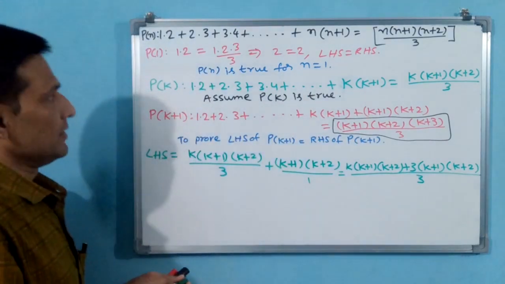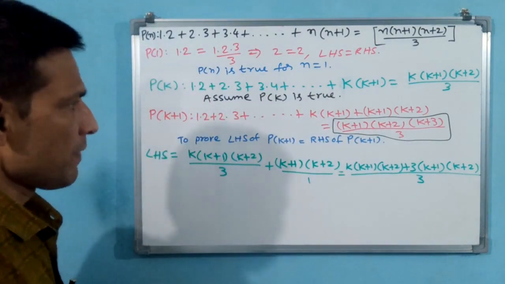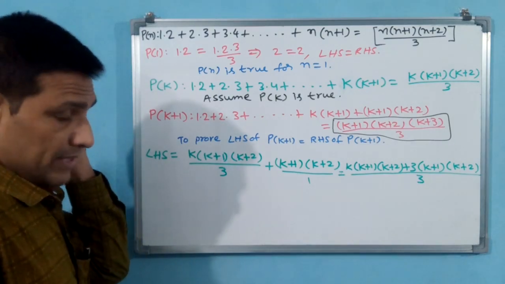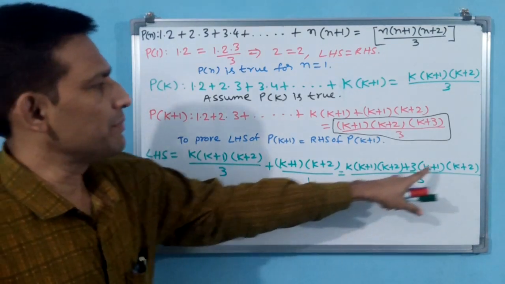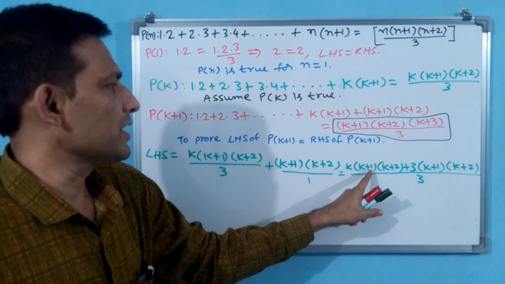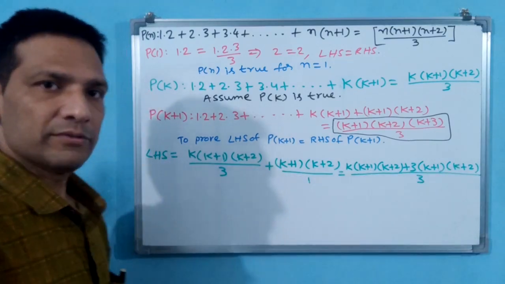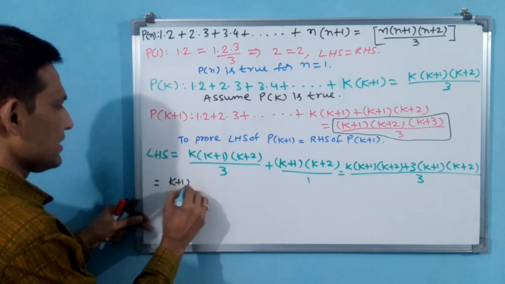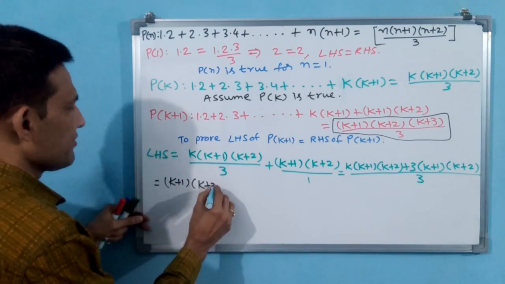Okay, if you see, some common elements are there. (k plus 1) and (k plus 2) you can take common. You see both have (k plus 1), (k plus 2). Take that common: (k plus 1) into (k plus 2).